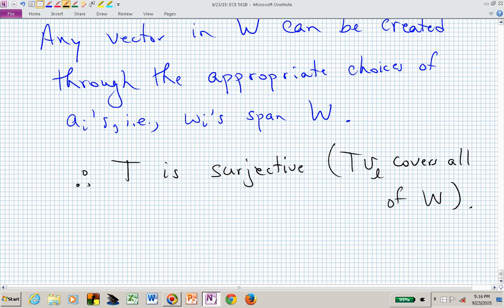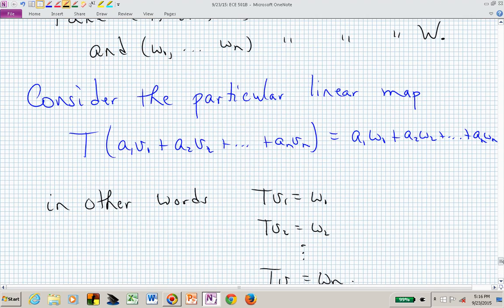Now, what we need to show is the next. We've shown that it's surjective. Now we need to show, with the same implication, that it's injective. We could say, when is the right side equal to 0? Only when all the A's are equal to 0, because you know the W's are linearly independent because they're a basis.